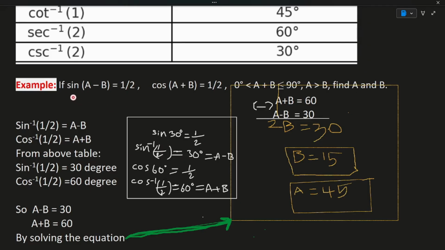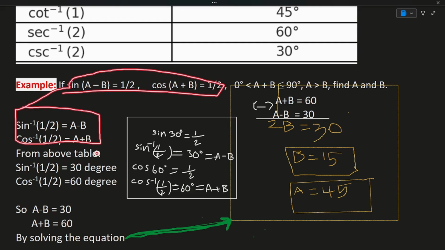In this manner, I am rewriting this term in a different manner. So, sin inverse of 1 by 2 equal to A minus B. From this expression, the cos inverse of 1 by 2 equal to A plus B. Okay. I'm just changing this format into this format.